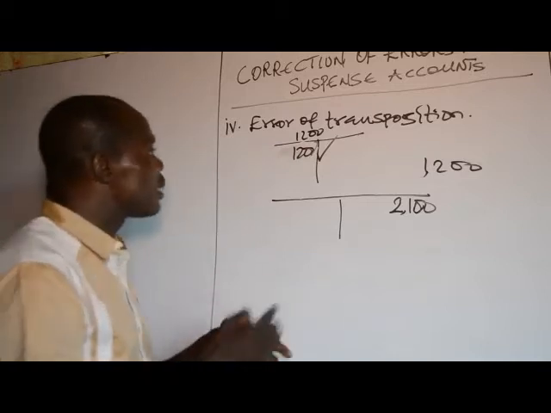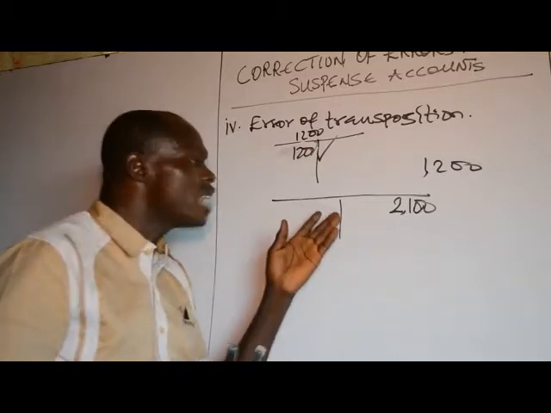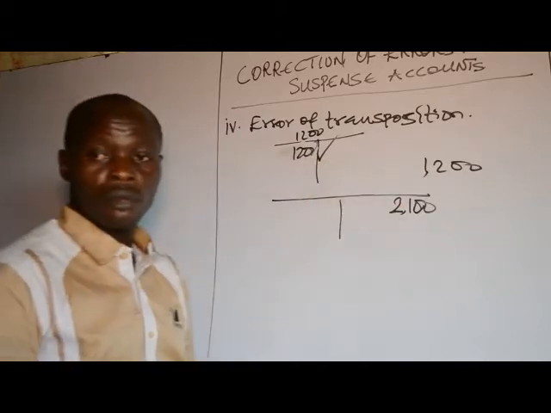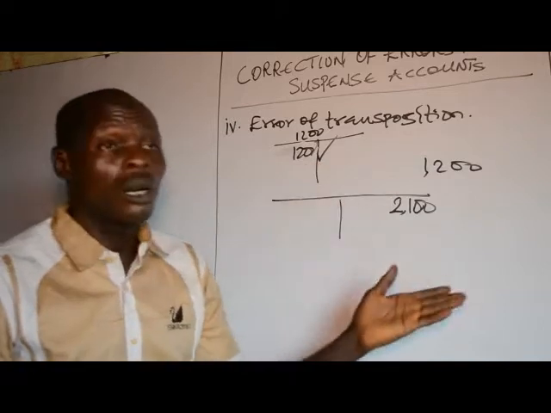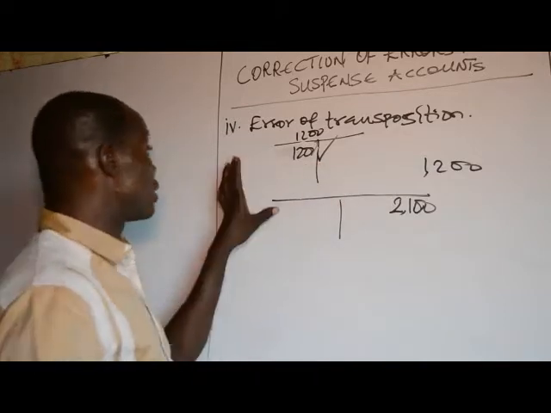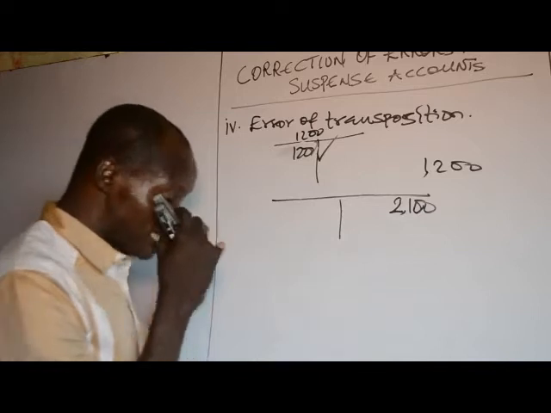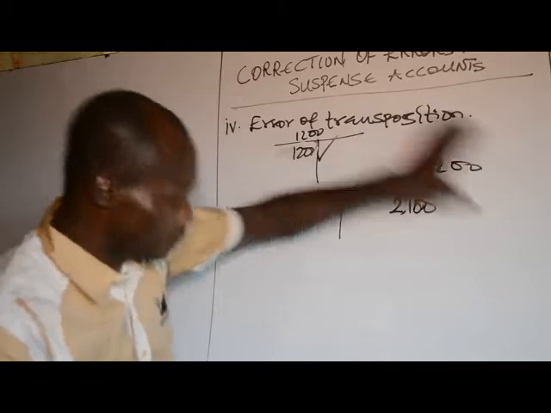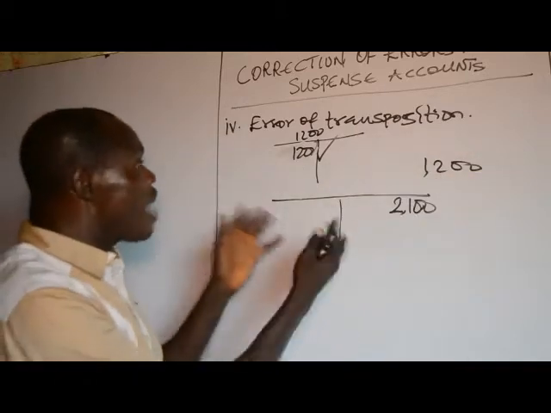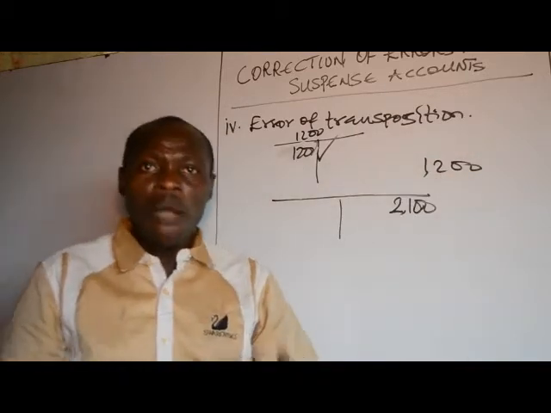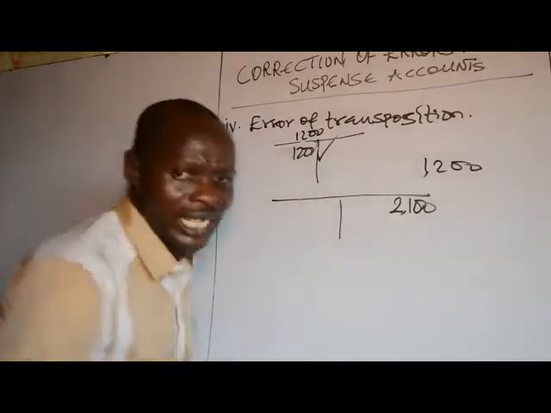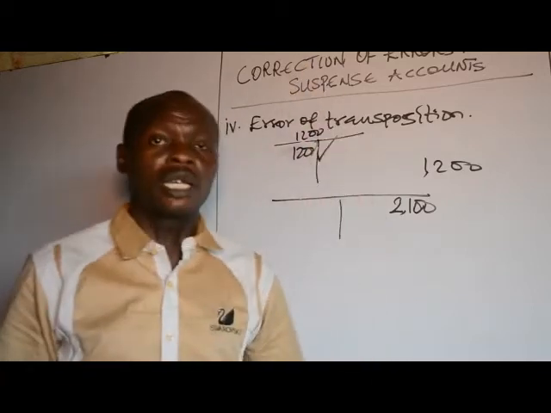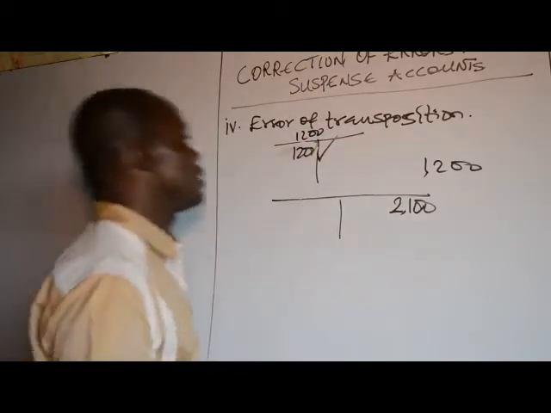Errors of transposition also play the same role as the casting errors which I have explained. The casting errors might affect the item of receipt, and they may affect the items of payment. So also is the error of transposition. Errors of transposition will be corrected in the same way the casting errors will be corrected.